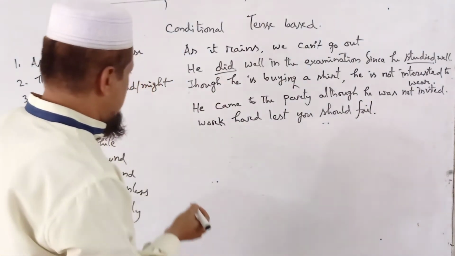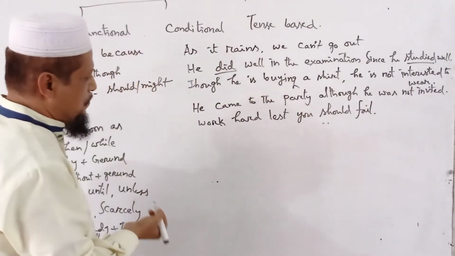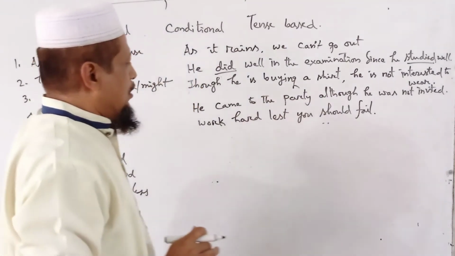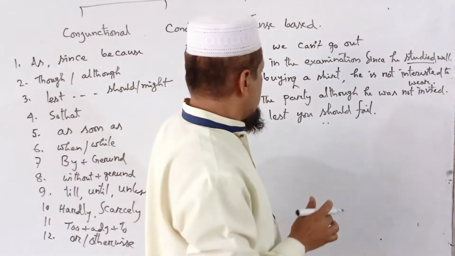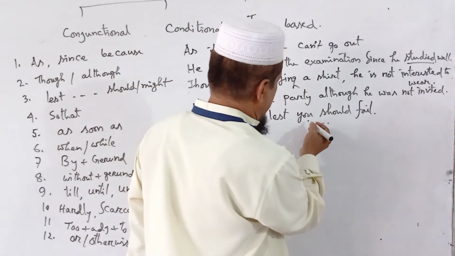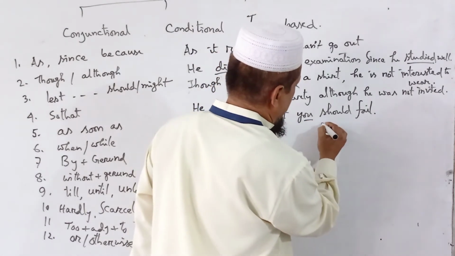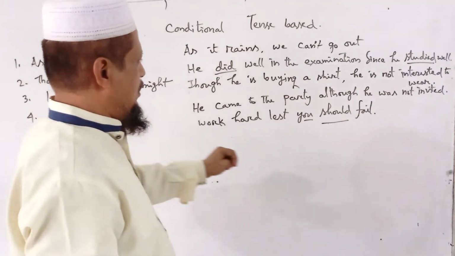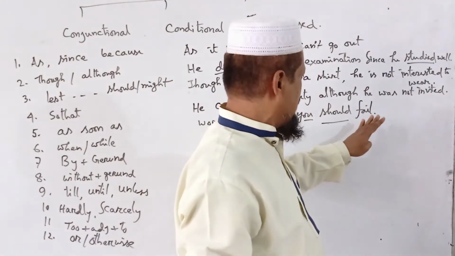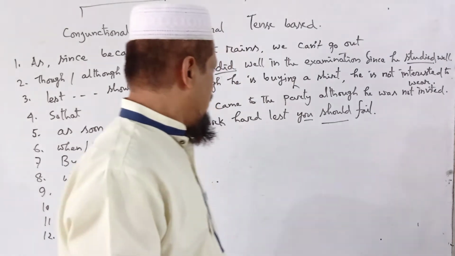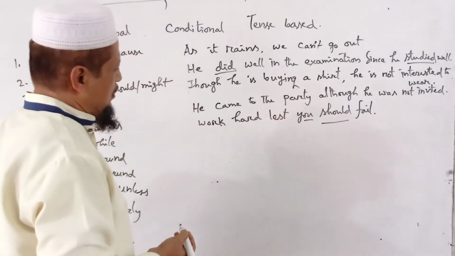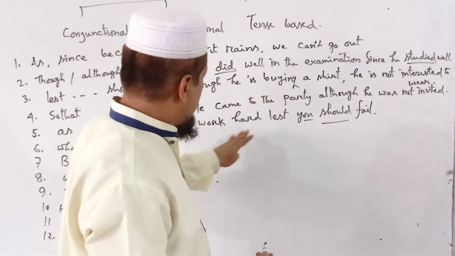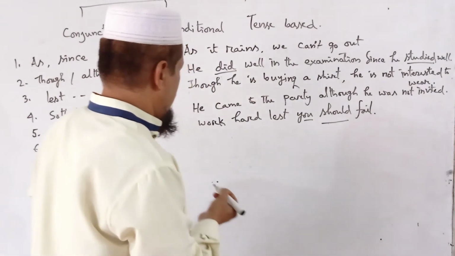If lest is connected to the first clause, to complete it you should add a subject, then you should add should or might, then such a verb that indicates negative meaning. Here I wrote: work hard, lest you should fail.